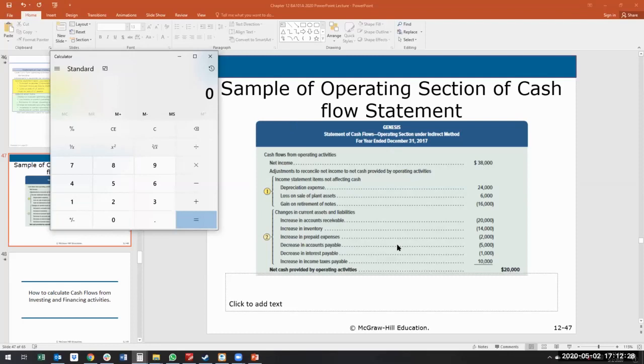If we sell a long-term asset, it'll be a cash inflow from investing for the full amount. But the gain will be captured in net income. So to get our operating correct, that gain is not an operating activity. We need to reduce the gain from the net income so our operating activities are correct, and then the full amount of the receipt will be part of our investing activities.